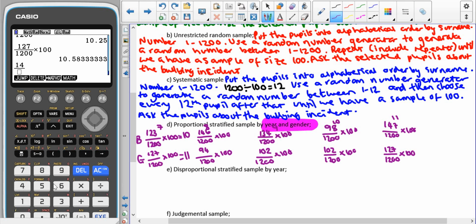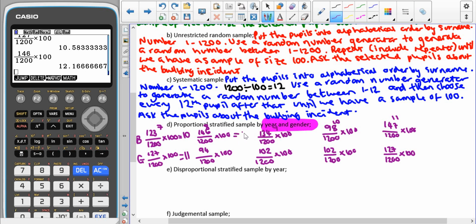Then we have 146 divided by 1,200 times 100, which gives us 12.16 recurring. So we'll have 12 year 8 boys.